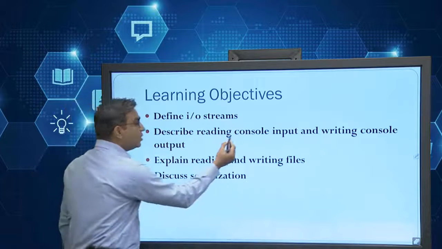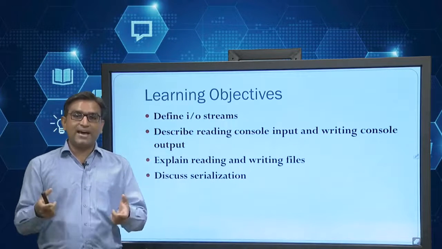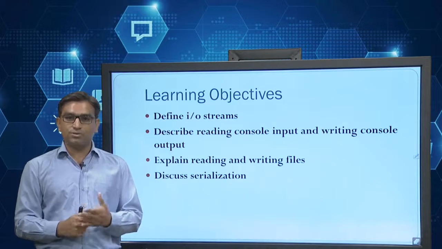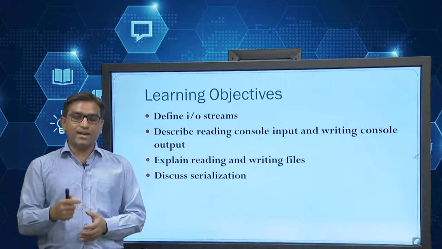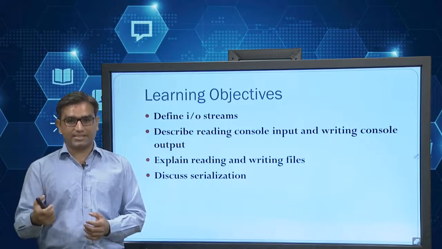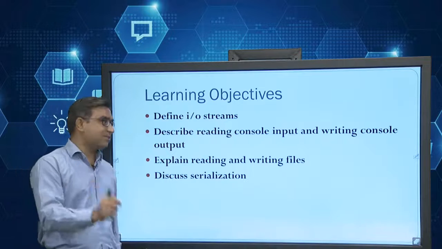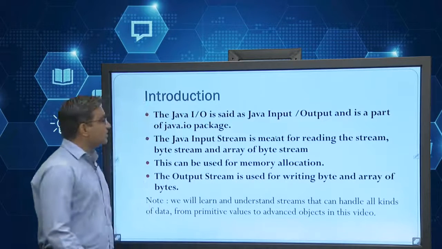That's reading console input. Whenever we play with data, we execute our code using the command prompt. First we compile our code, then we run our code, and we pass our data to the console screen. Whatever data we pass to the Java file on the console screen is considered console data.